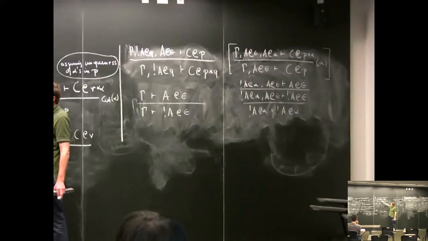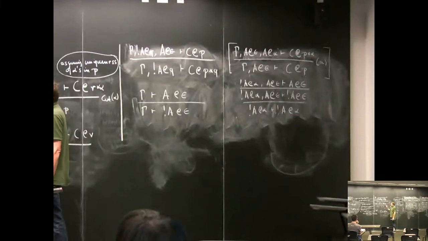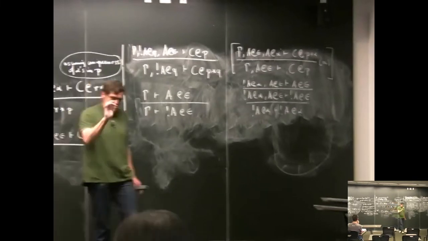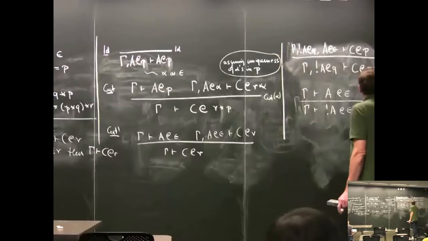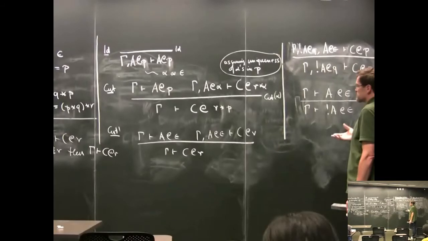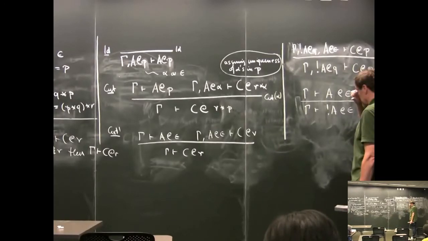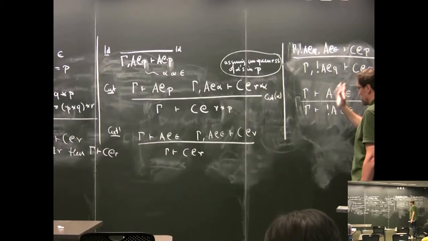So this is a very small part of focusing, which says that when you copy, you immediately have to apply the left rule to the same thing. I have never actually made that formal, but it's a part of what we want to do with focusing.